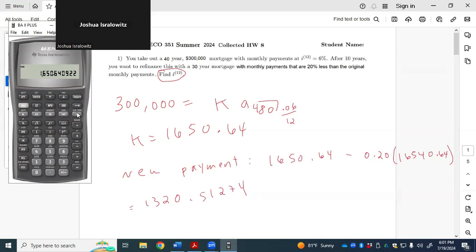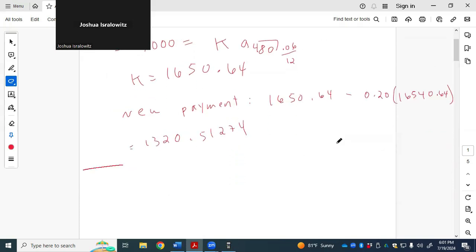All right, so we want to refinance, so we got to figure out how much we even owe in the first place after 10 years. 10 times 12 is 120. So it's my K. Let's write it down.